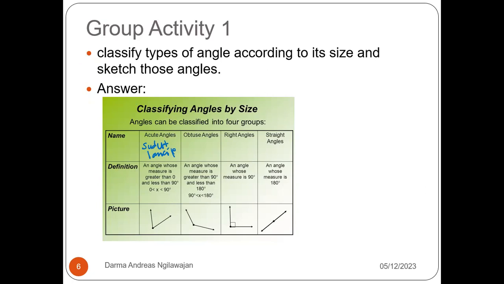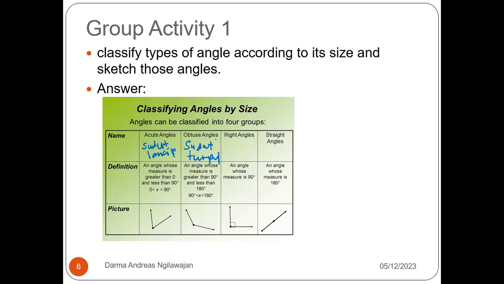Sometimes it's hard to find the mark for this pen. Sudut tumpul. Okay, good. Right angles. I think this one is easy. You can see the form or the shape of this angle, and I think it's not difficult for you to give the name in bahasa Indonesia.